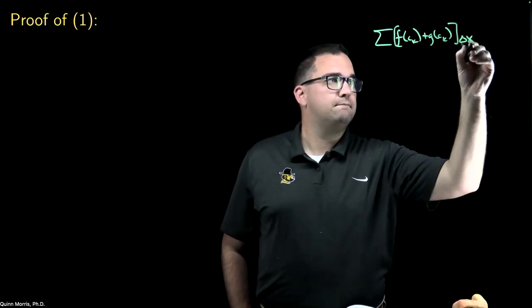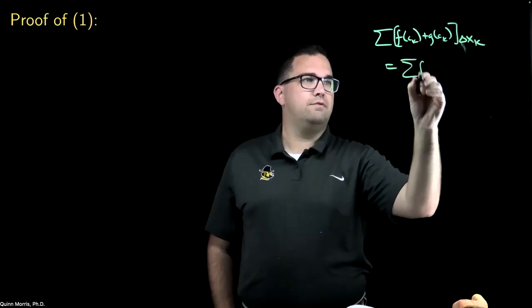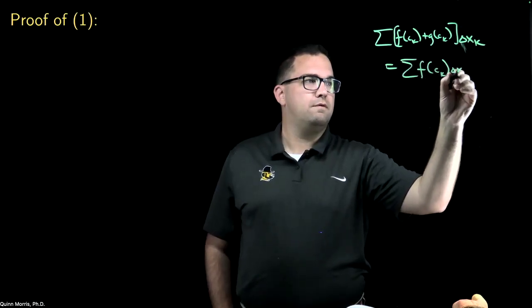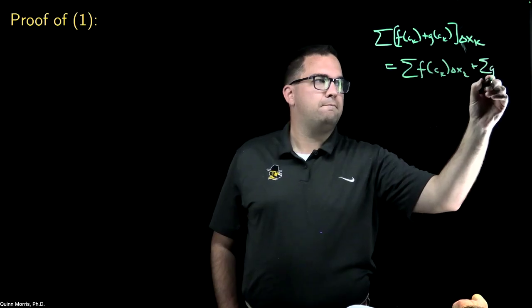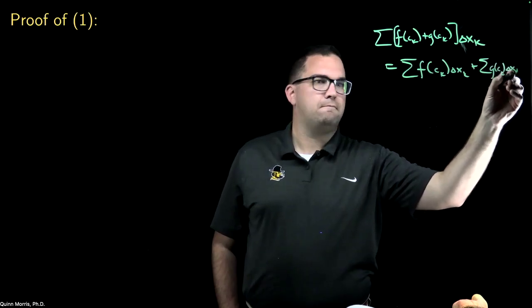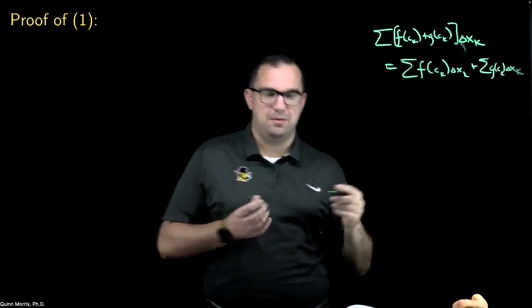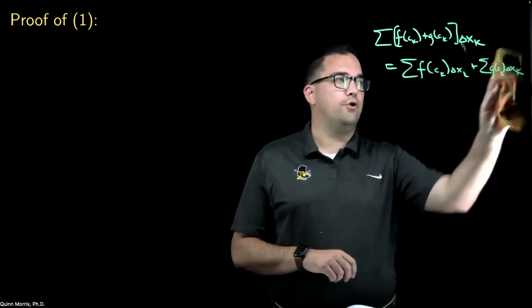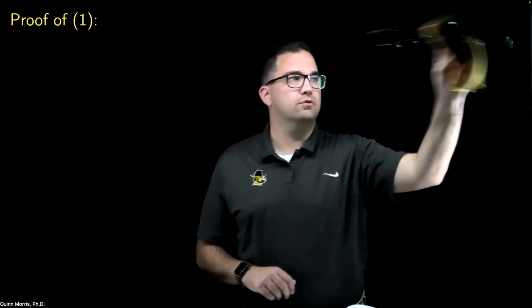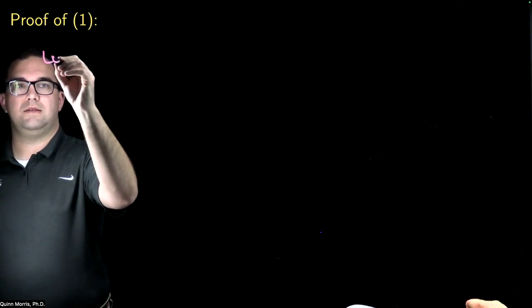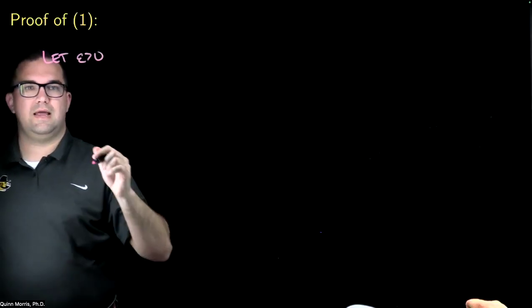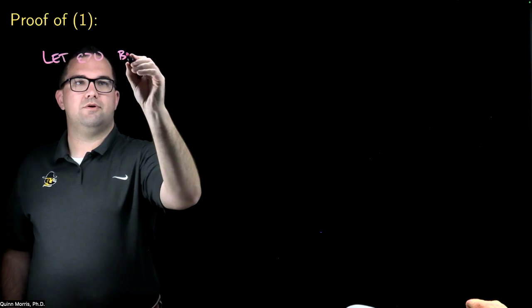This is equal to, and I can break this up, this feels like this should work. It works for sums. I feel like it should work for integrals as well. All right. So in order to do this, I know this will be shocking, we're going to need an epsilon. So let epsilon greater than 0 be given.